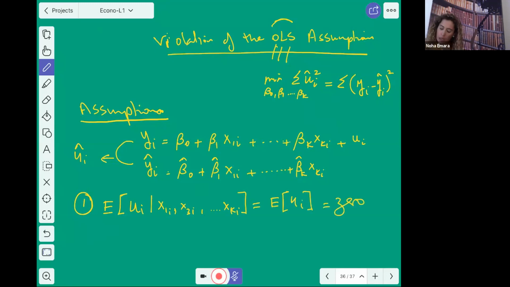What does that mean? It means actually that any factor I have in my model is not connected with the error term. They have no relation.